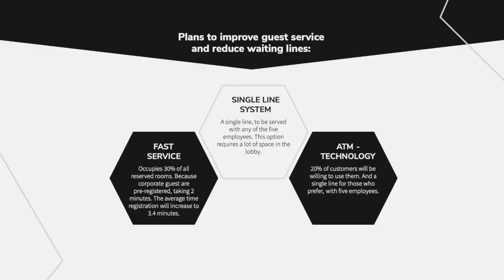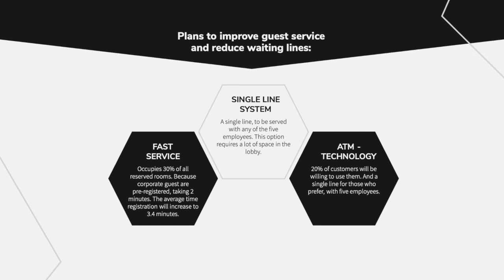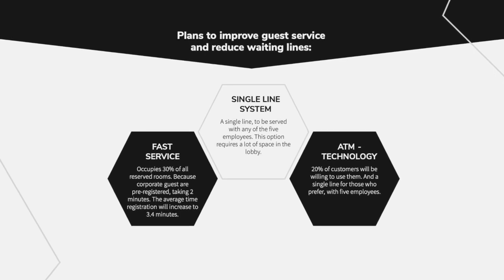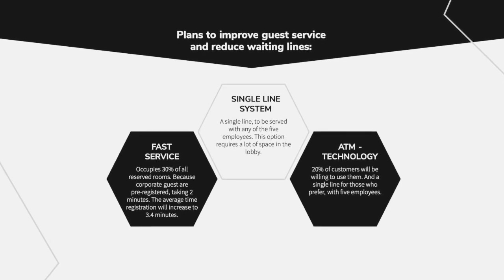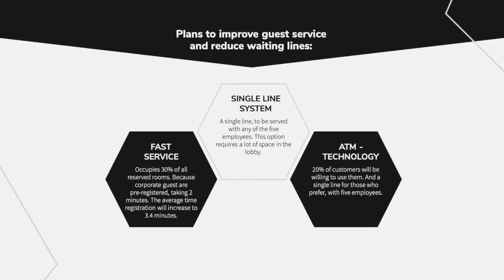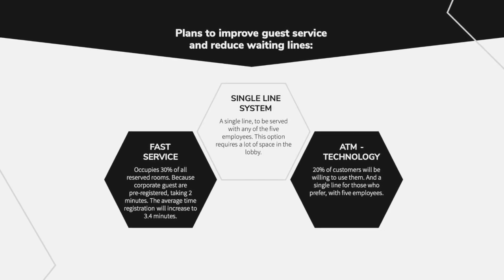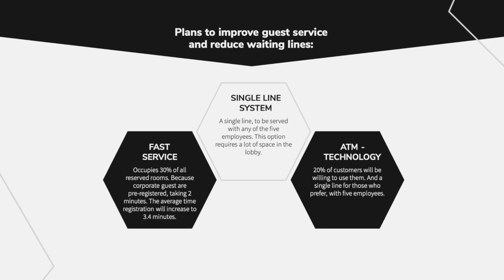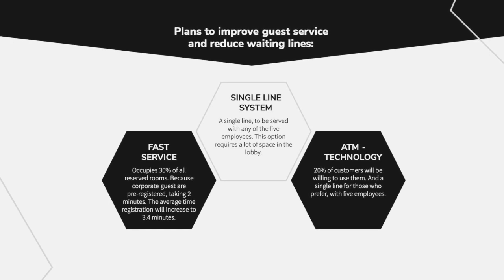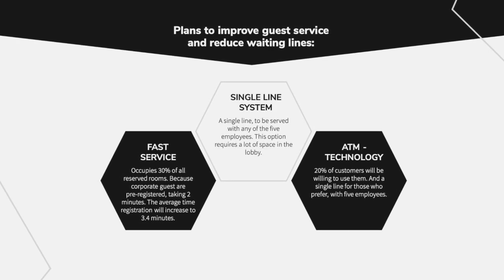For the waiting line, we used waiting line models and came up with three alternatives that we thought may work. So these are the three alternatives to improve guest service and reduce the waiting lines. The first one is a fast service. This one covers 30% of all reserved rooms, because corporate guests are pre-registered, taking only 2 minutes. So the average registration time will increase to 3.4 minutes.